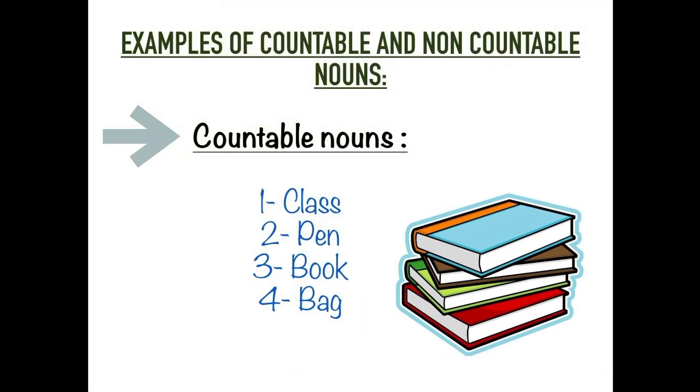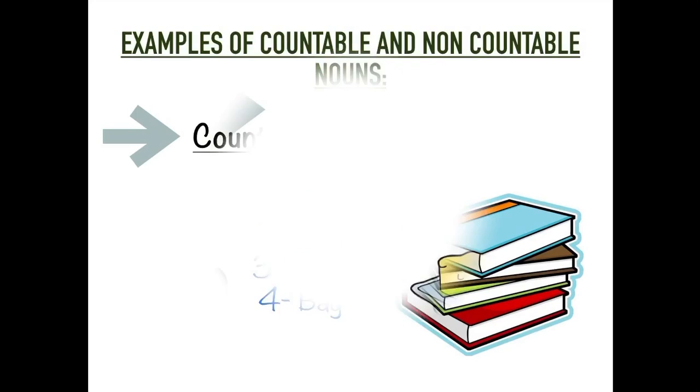Pen: how many pens are you holding in your hand? For example, 6 pens, 7 pens. And for books, how many books do you have in your bag? 5 books, 4 books. And for bag, how many bags do you own in your house? I own 6 bags, for example.